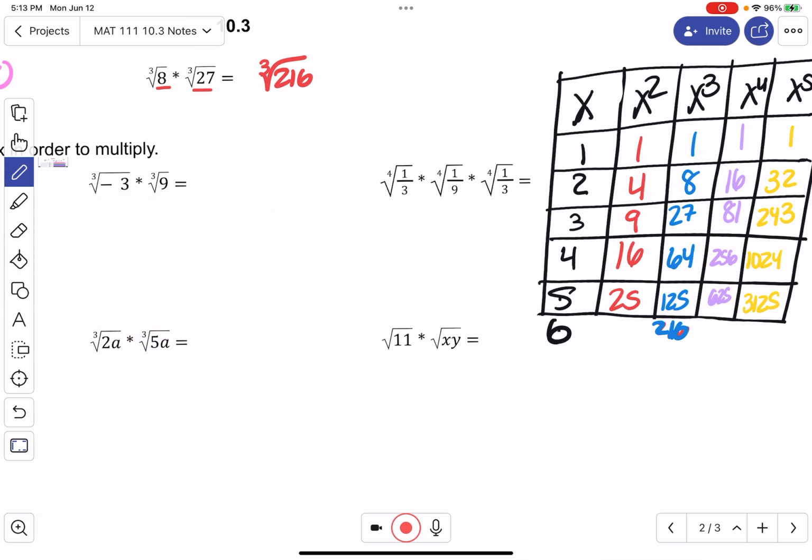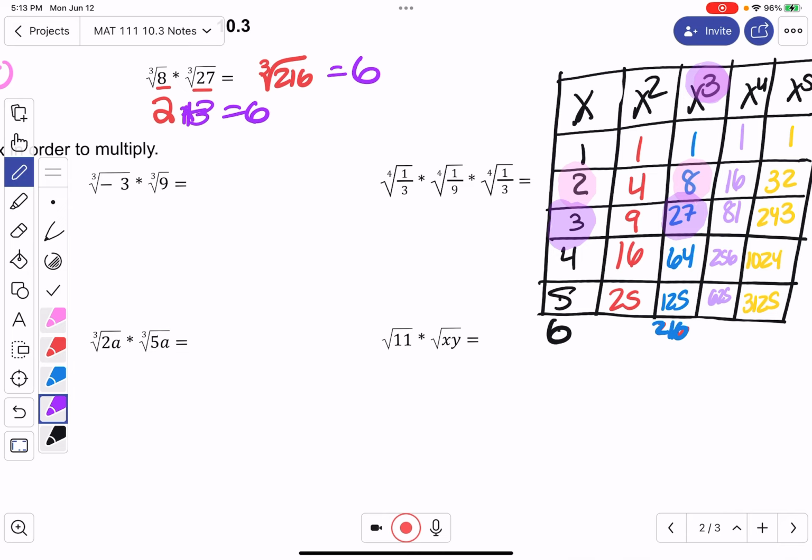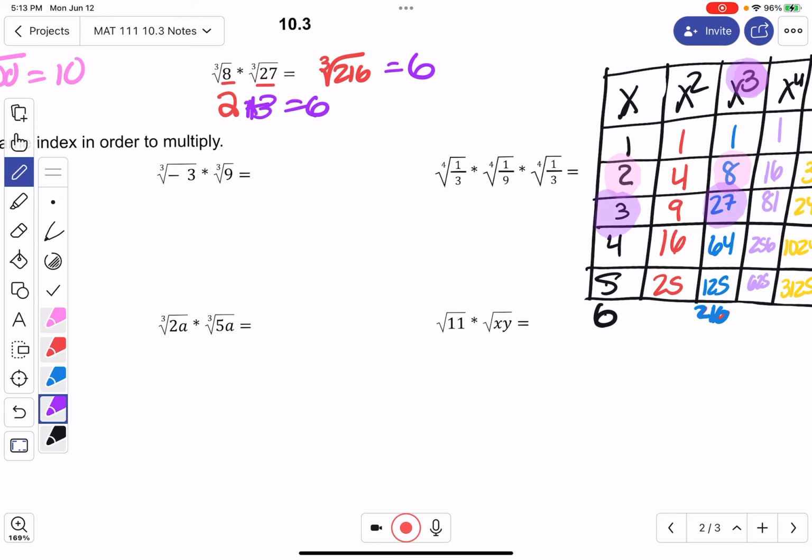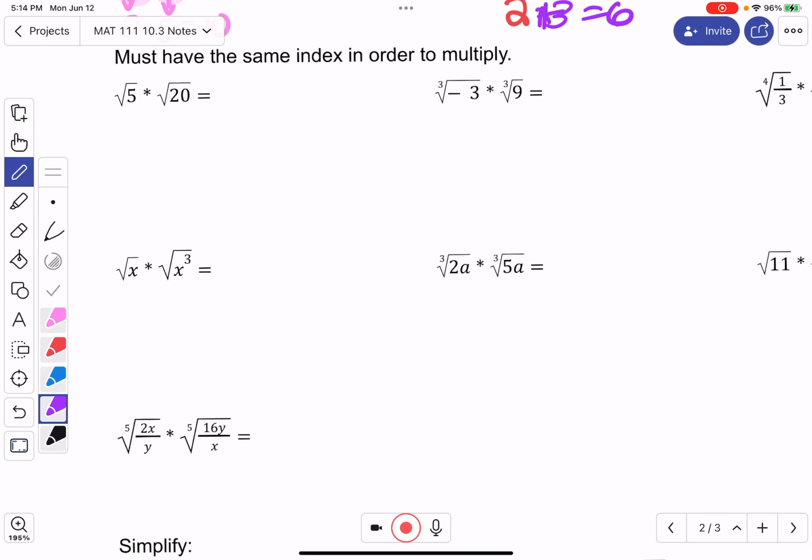The other option would say, hey, the cubed root of 8 is 2. And the cubed root of 27 is 3. And 2 times 3 is 6. Those are just some shortcuts to do it by hand.